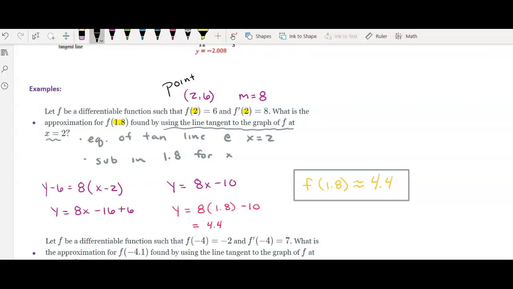And those are the two things I need to write the equation of a tangent line. So I sub in the point to y minus y1 equals m times x minus x1. Replace the second y and x and the slope. We write the equation of the tangent line, and now we use it.